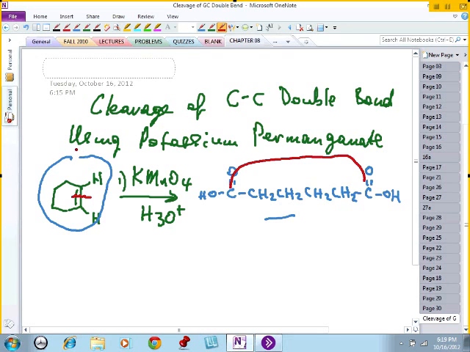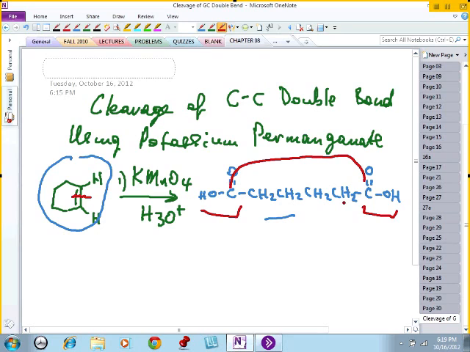Remember what we told you. What this reagent will do is to cleave this carbon-carbon double bond so that this carbon now becomes a carboxyl group. And that is what you have here. This is a carboxyl group, and this is a carboxyl group. So that OH is a result of that reaction. It wasn't there before.